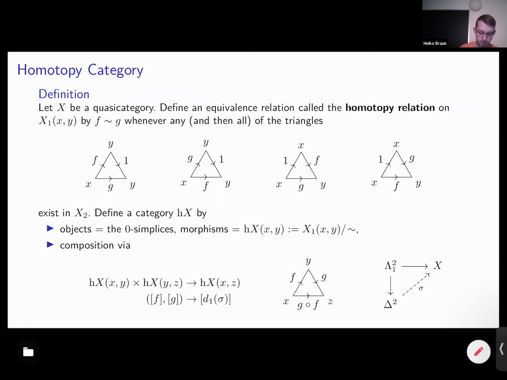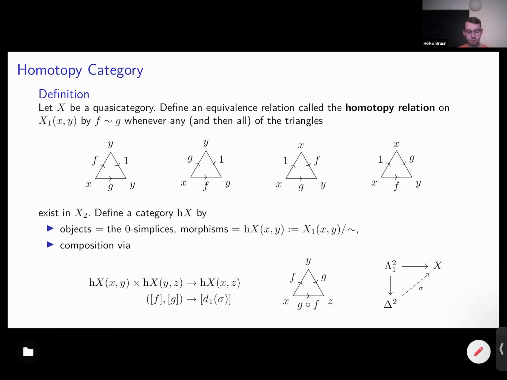And this goes like, as indicated in this picture, when we have some f and some g, then this constitutes a Λ^2_1 horn. This is the form, how it looks like. And by assumption, since it's a quasi-category, we know that there must be some filler, and in particular, a lower side, which is here d_1 of the filler. And this edge shall be the composition.